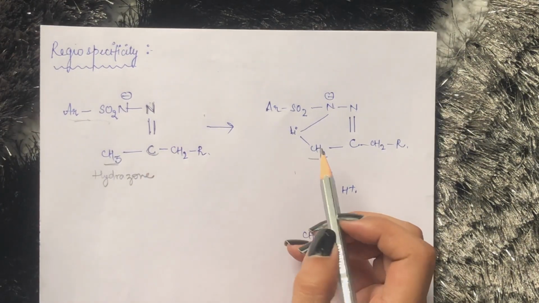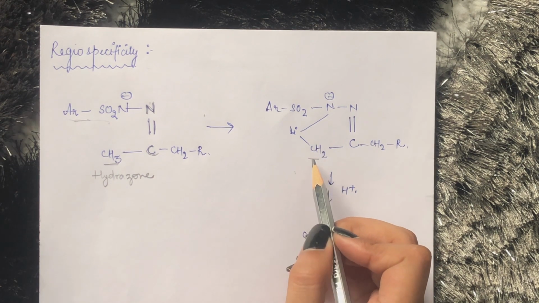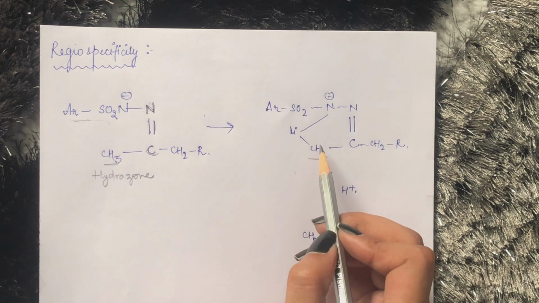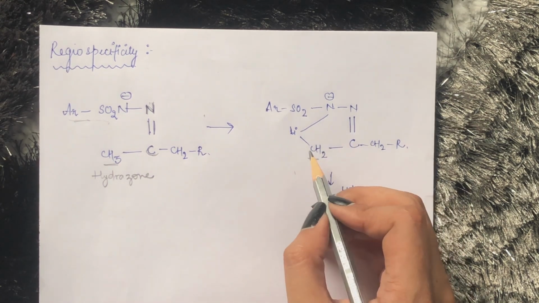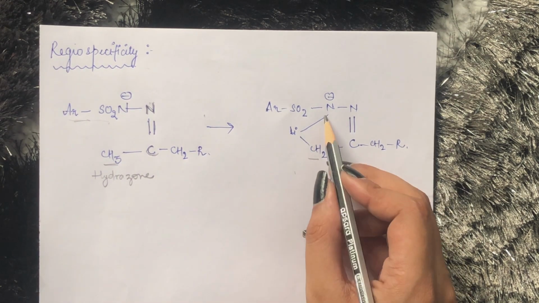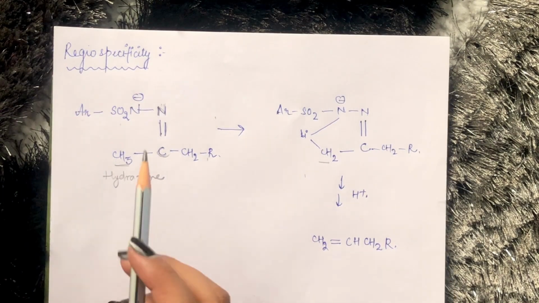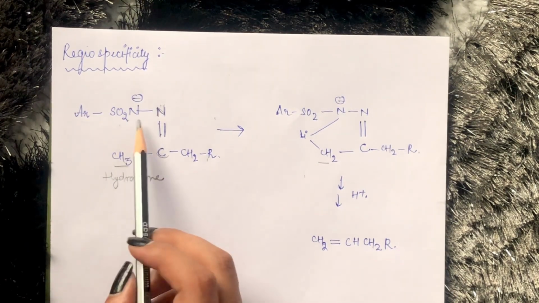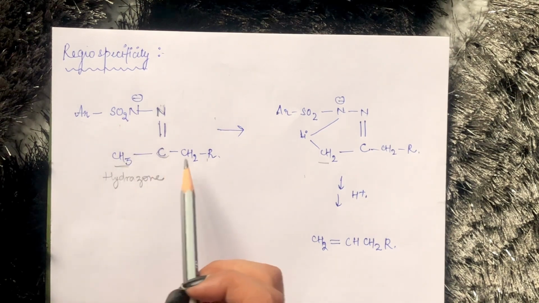So proton abstraction syn to the arene sulfonyl group takes place. It is probably because when the hydrogen is abstracted from the syn side, that is the same side as the arene sulfonyl group, it permits chelation with the lithium ion. But hydrogen abstraction anti to the arene sulfonyl group is not possible.